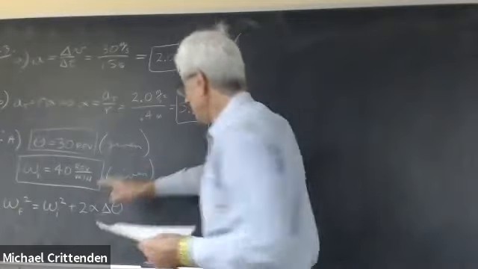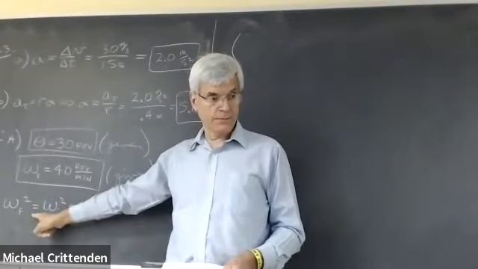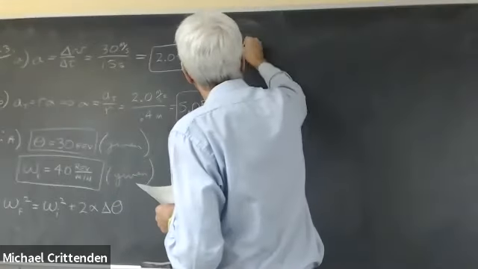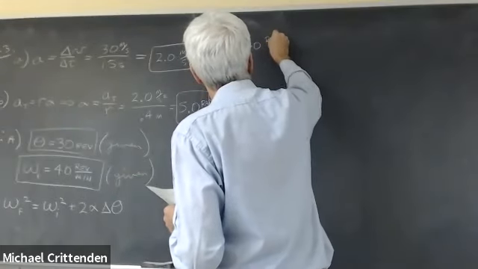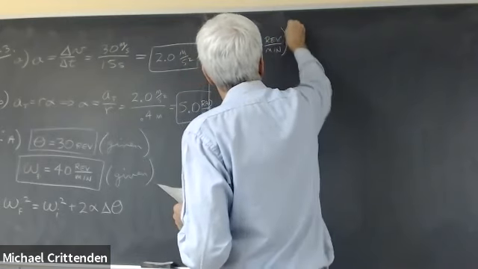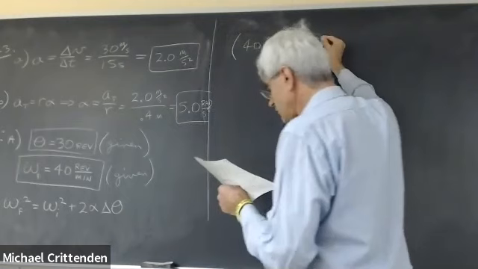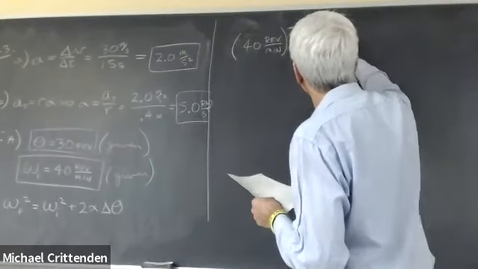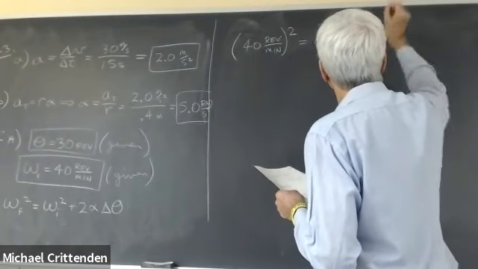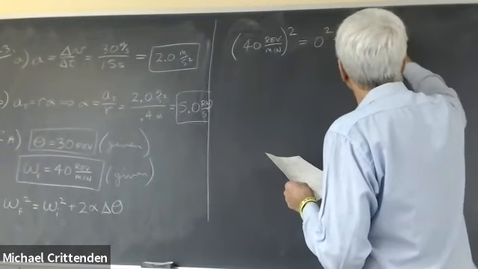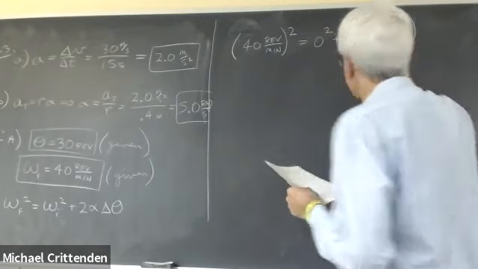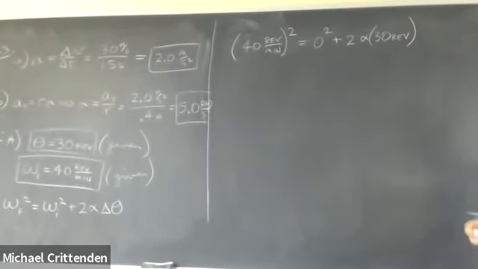So for omega final, we had the 40 revolutions per minute. Omega final squared equals omega initial squared plus 2 times alpha times delta theta, which was the 30 revolutions.